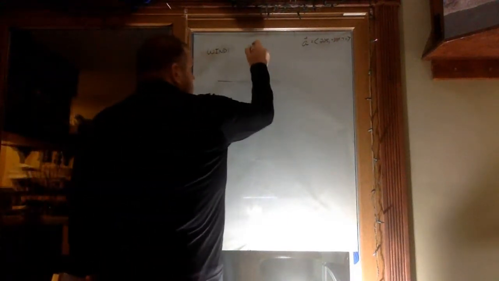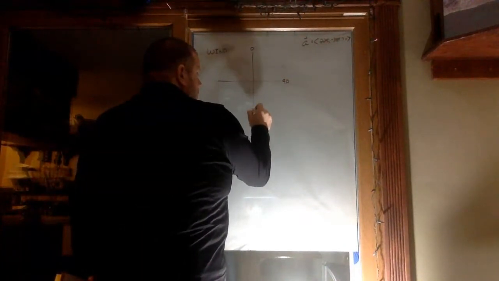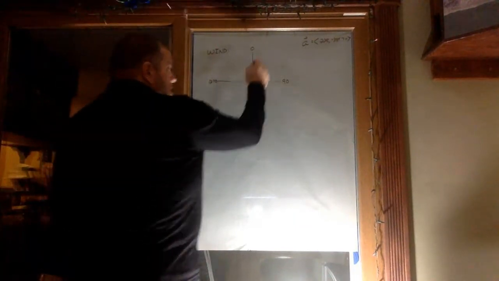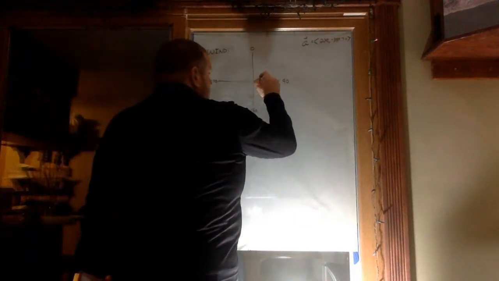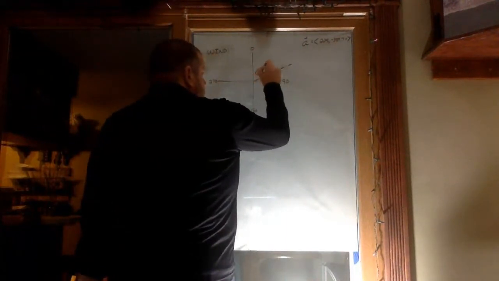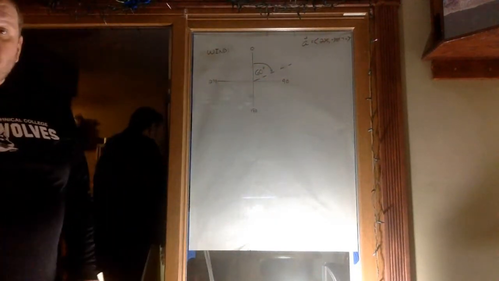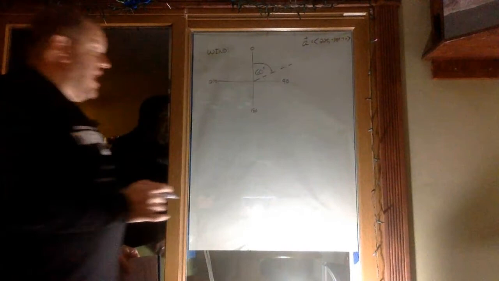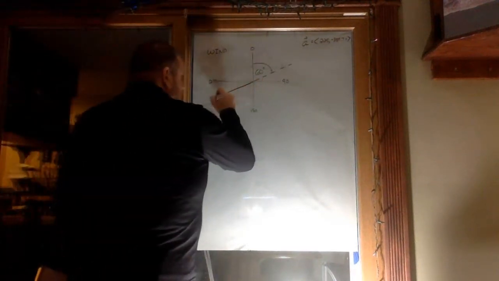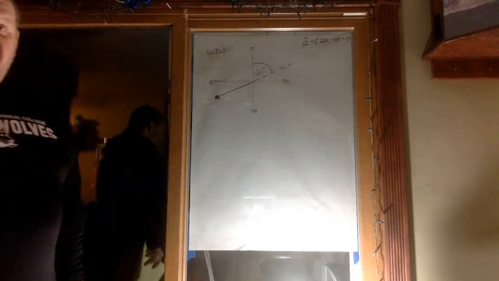So 0 is up top, 90, 180, and 270 because that's bearing. So I'd have a 60-degree angle in there. But the wind is blowing from that, which means that the wind is really blowing out that way.